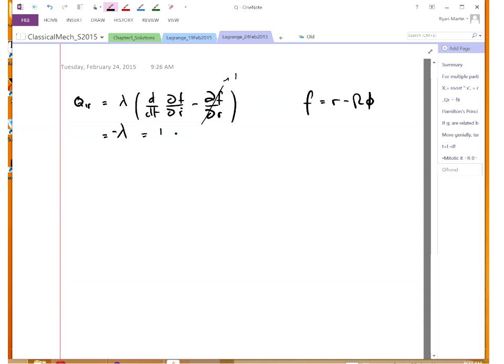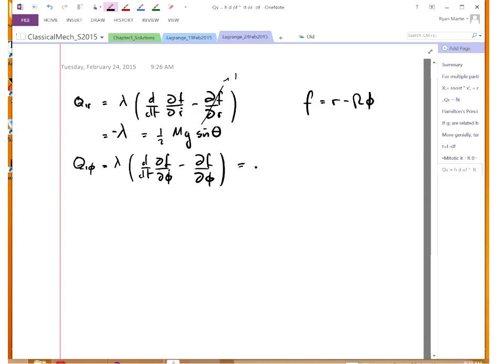And so Q1R is minus a half mg sine theta, because lambda was minus a half mg sine theta. And then the other force, Q1 phi, right? That's again lambda times d by dt of ∂f/∂phi dot, which is going to give us 0, minus ∂f/∂phi. The first term is 0.